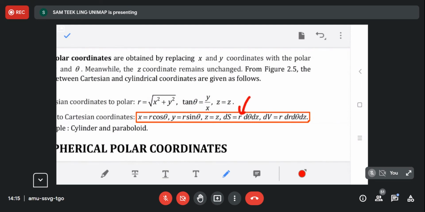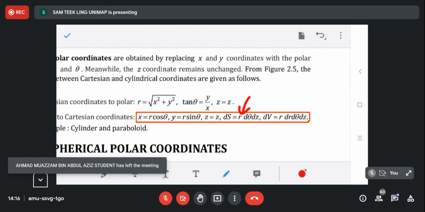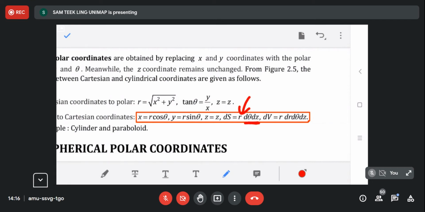You can see your r can be replaced by a value if you apply dS, because here you only involve two limits, theta and z only. So your r you can replace by a value, not a variable.